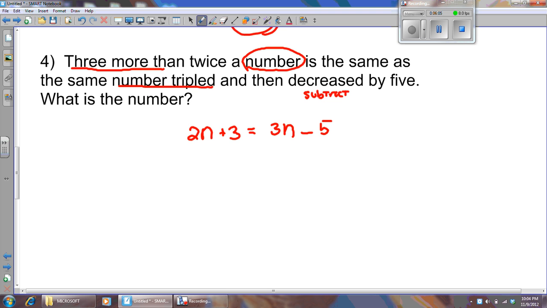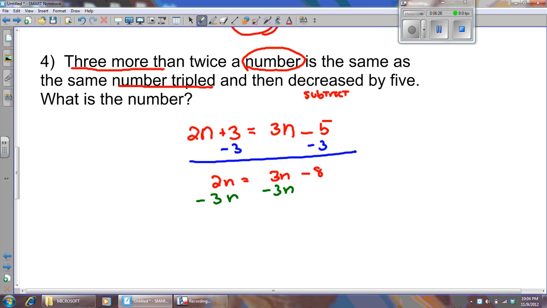What is the number? Well, you guys know how to solve this. A lot of you will subtract 3 here and subtract 3 there. And you'll end up with this equation, 2n equals 3n minus 8. I'll subtract 3n from both sides. End up with negative n equals negative 8.